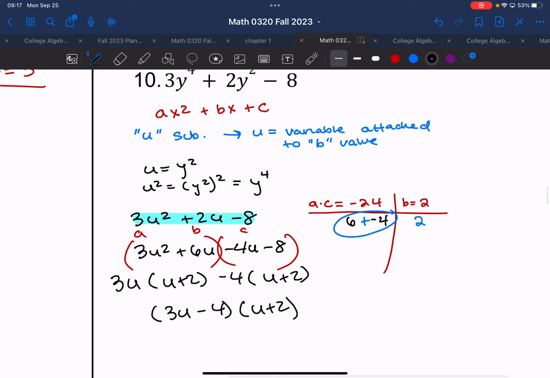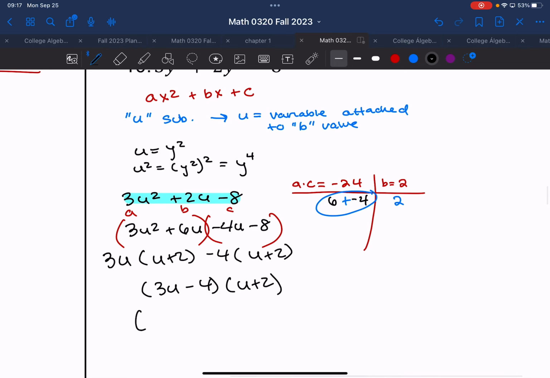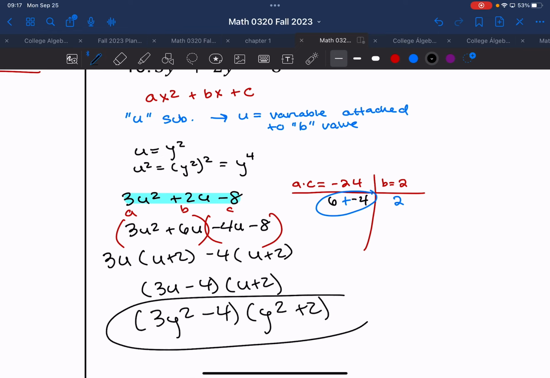Is this going to be my answer? No, because my original problem was in terms of y. So I need to plug in what u is equal to get my y's back. And what did we say u is equal to? Y squared. So I have 3y squared minus 4 and y squared plus 2. That's my answer. And that was because u is equal to y squared.